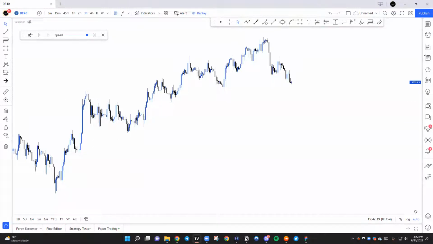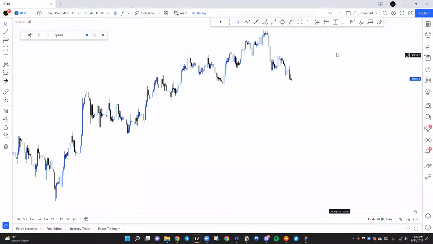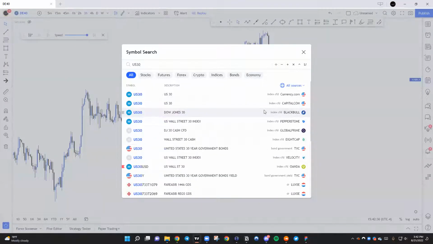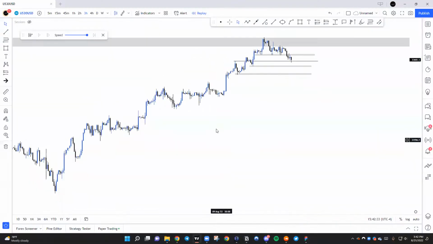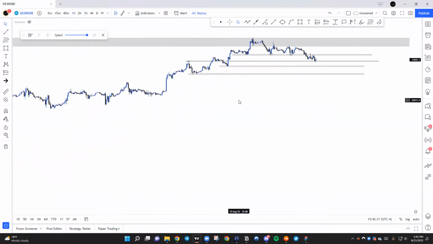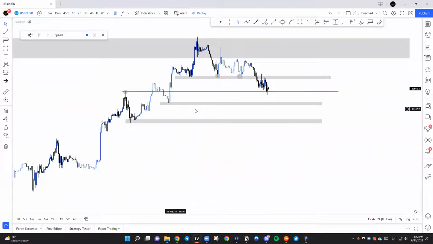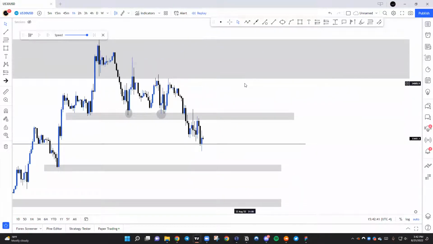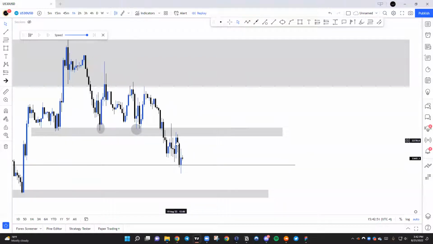Wait, you got to show me an example. US 30 is a good example because it closed slightly above the high and it pulled back, then made a clean close above the high. Wait, you're talking about this?